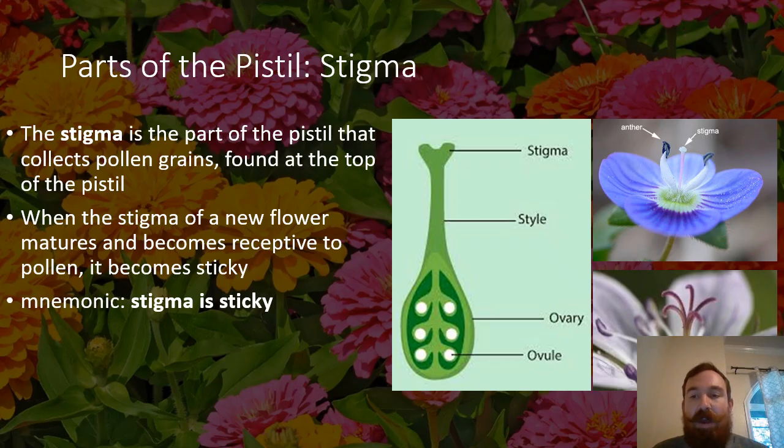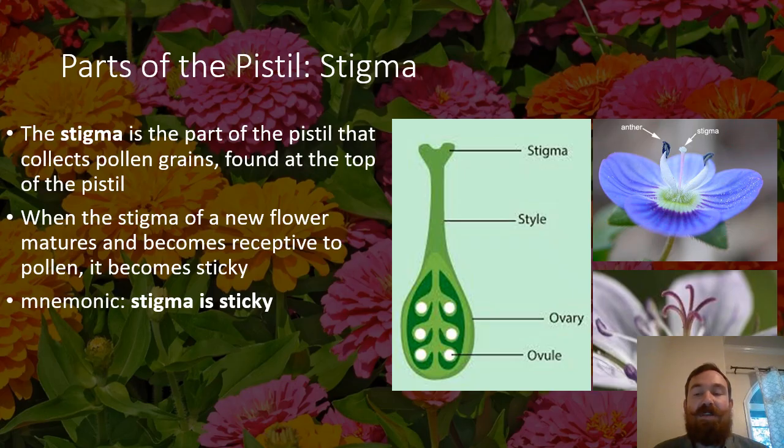Once it's mature and ready to receive pollen, it will develop a sticky or shiny appearance. This is the part of the pistil that the pollen is collected by in order to be used to fertilize the ovules inside of the ovary chamber. That process of becoming sticky is called receptivity.